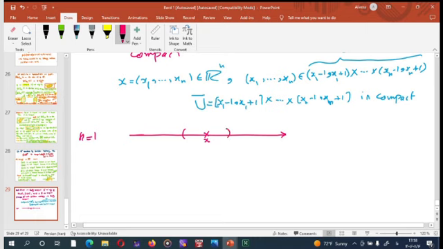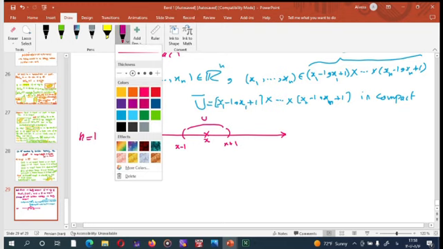I consider this interval, okay, (x minus 1, x plus 1). This U is open and its closure is this.